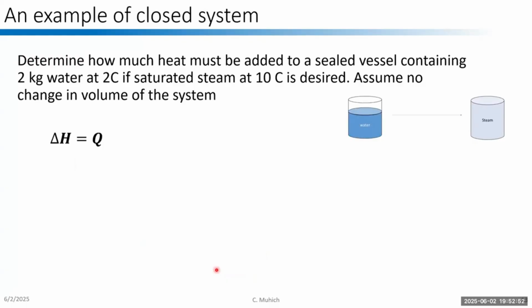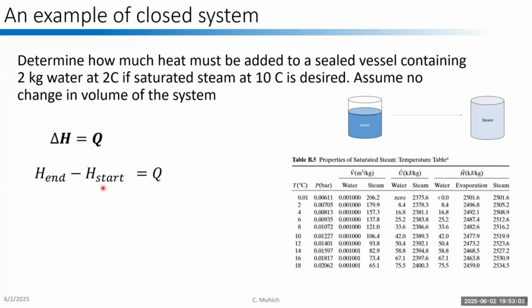The change in enthalpy must be equal to Q. So the change in enthalpy is, of course, final minus initial. So the enthalpy at the end minus the enthalpy at the start. I can go to my tables. I know at the beginning I have water at 2 degrees C. So I look up 2 degrees, move over to the water, and I find that it has an enthalpy of 8.4 kilojoules per kilogram.